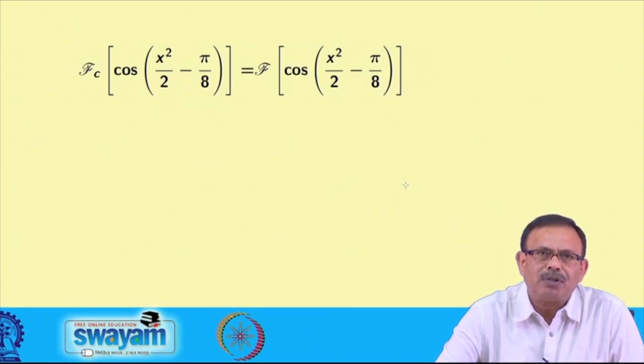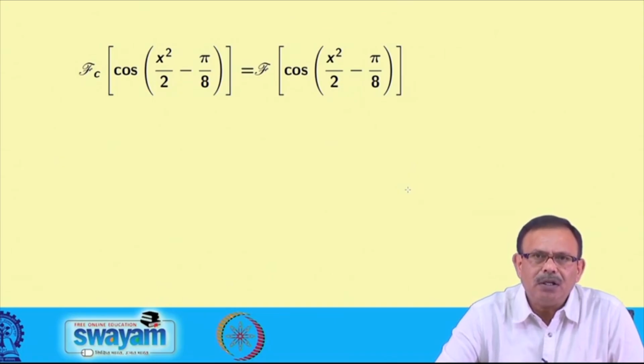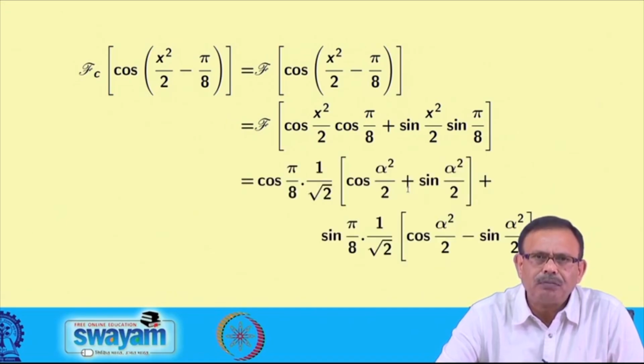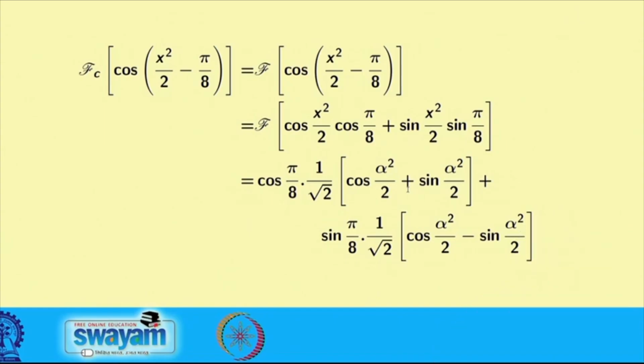So, using these two, now I am starting from Fourier cosine transform of cos of x square by 2 minus pi by 8, which equals Fourier transform of cos of x square by 2 minus pi by 8, because as I have told you earlier, the Fourier transform and Fourier cosine transform of a function are same, and we have proved it earlier. Using that property we are writing it. Now, this cos function I am breaking into cos A cos B plus sin A sin B form. Cos pi by 8 I am bringing down, and I am writing Fourier transform of cos of x square by 2 value, which we wrote earlier.